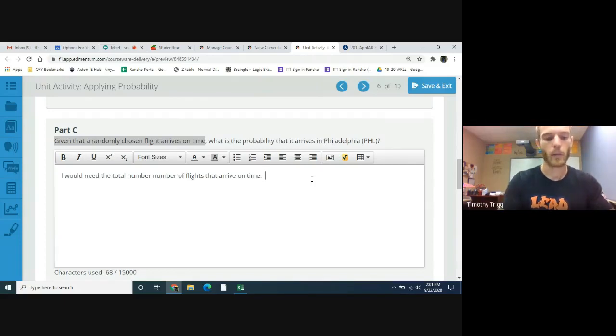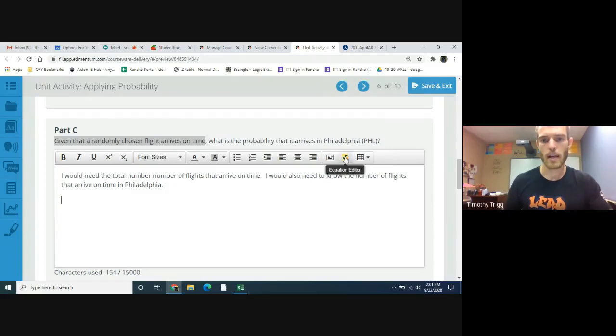It says, what is the probability that it arrives in Philadelphia? For that, I would also need to know the number of flights that arrive on time in Philadelphia. That would be the numerator.